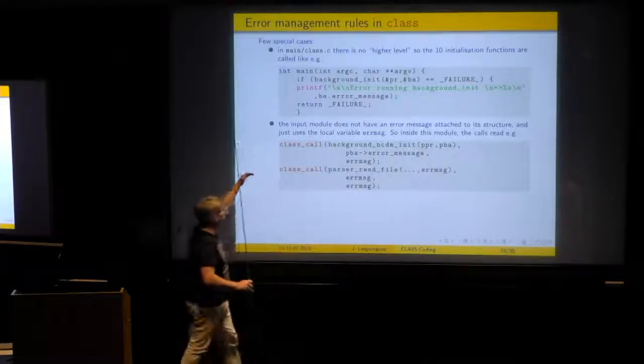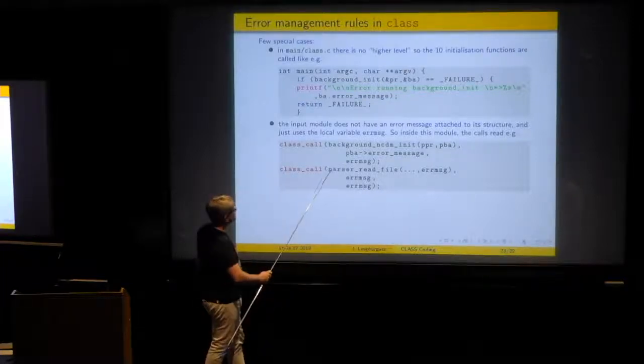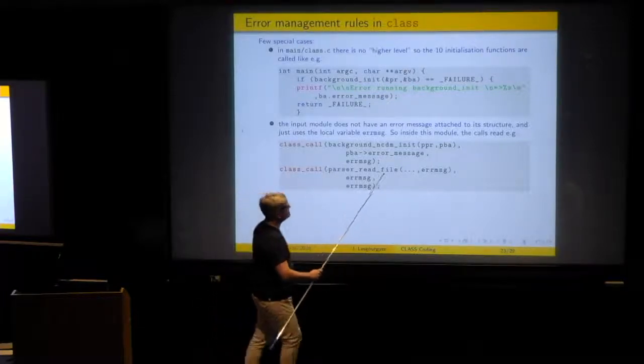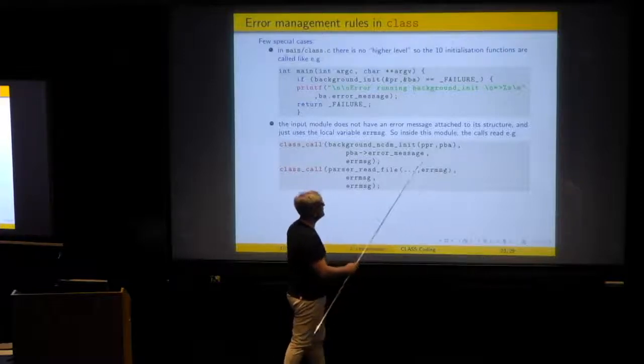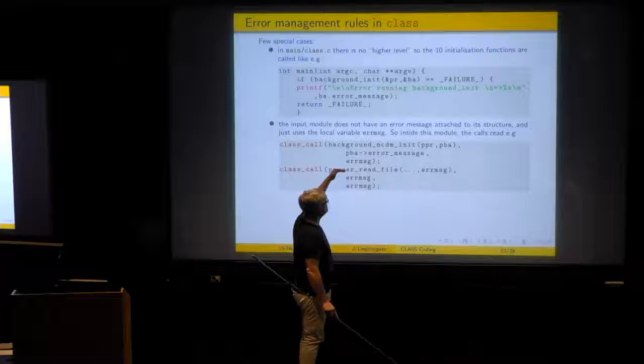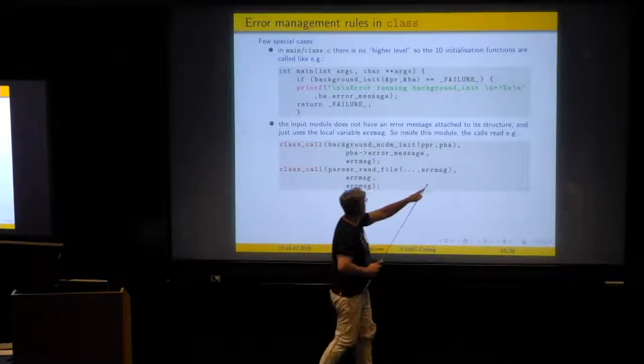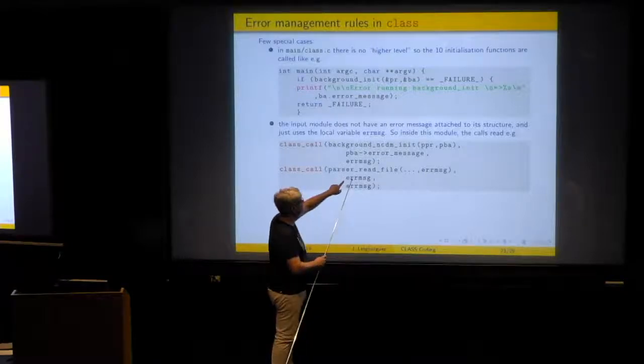So in my input module, I have declared this string error message. I class call the parser function, giving the error message as an argument, because then if there is a problem, this function will write its error message in this argument. And then we have it available here.